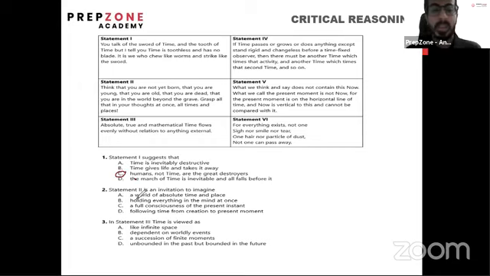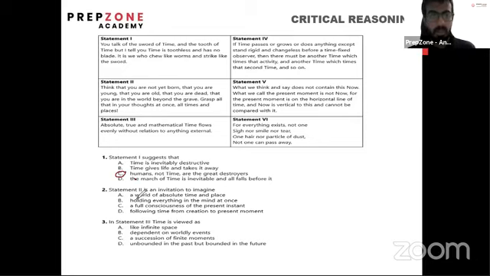Now look at the question. The question says, statement 2 is an invitation to imagine what? Look at the answer choices. The answer choices are basically giving you the imagination of the statement. B says holding everything in the mind at once.